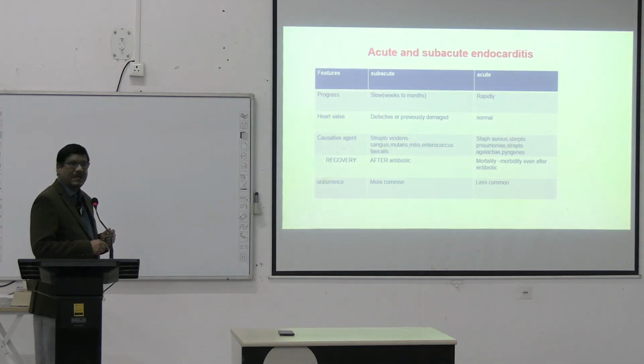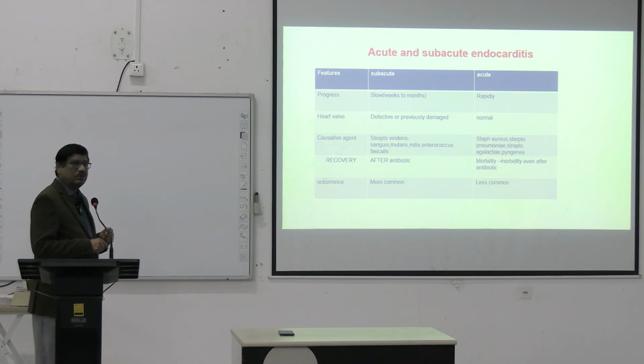What is acute and what is subacute endocarditis? Definitely we are going to ask you in the oral examination as well as in the theory questions. Subacute endocarditis progresses over weeks to months. It's very slow, not short, it's very slow.